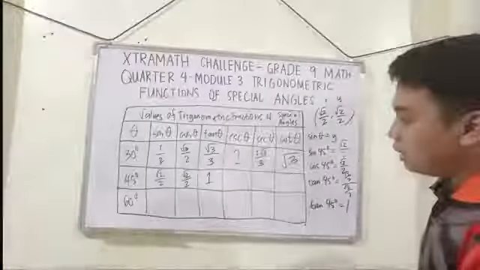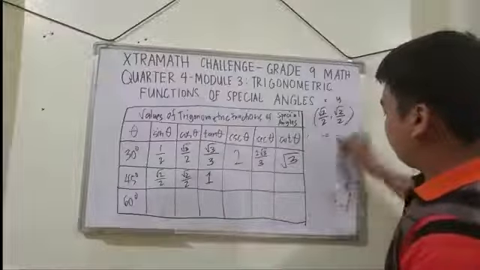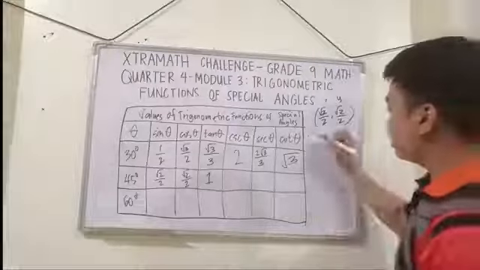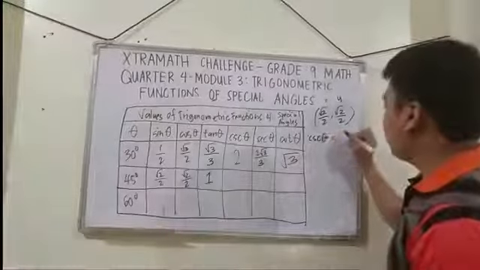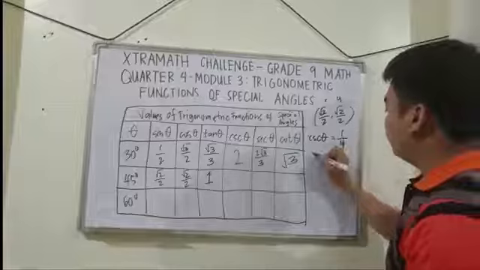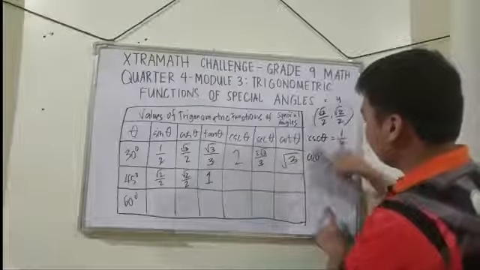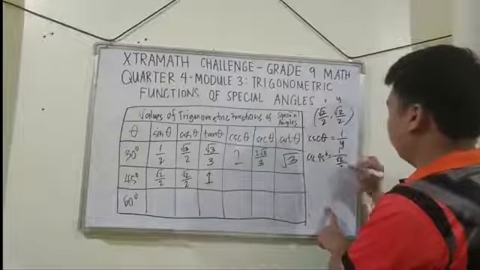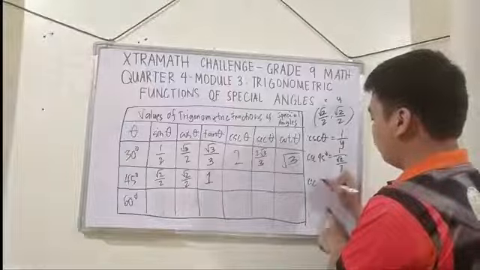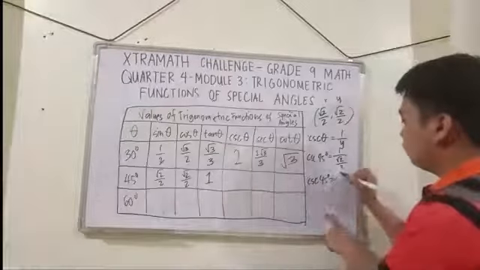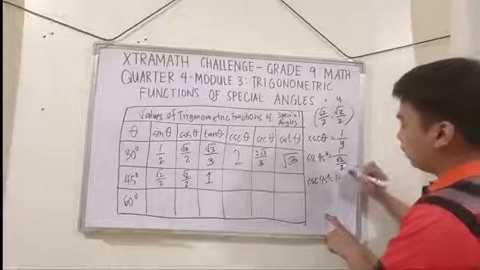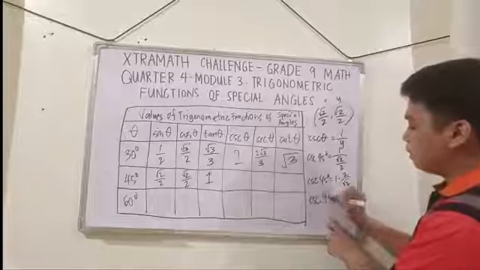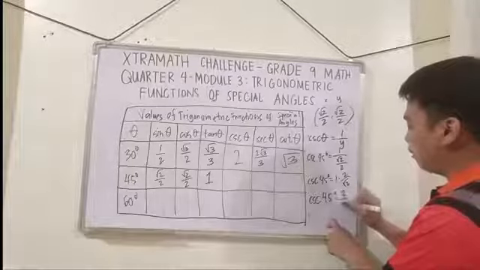How about the cosecant of 45 degrees? Again, cosecant is the reciprocal of sine. That means cosecant is equal to 1 over y. So cosecant of 45 degrees is equal to 1 over square root of 2 over 2. So cosecant 45 degrees is equal to 1 multiplied by the reciprocal of the denominator, 2 over square root of 2.